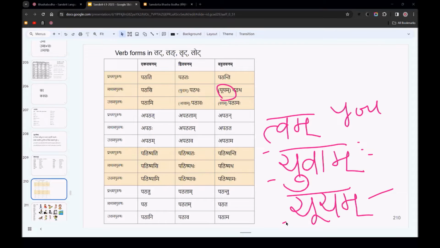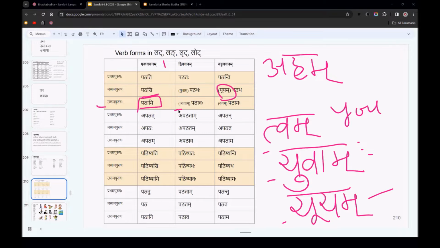So if these words are used in the sentence, then for the kriyapada these forms will be applied. And similarly, if the word is aham, then this uttama purusha ekavachana form will be applied. For example, if I say aham pathami, that means I read or I am reading.